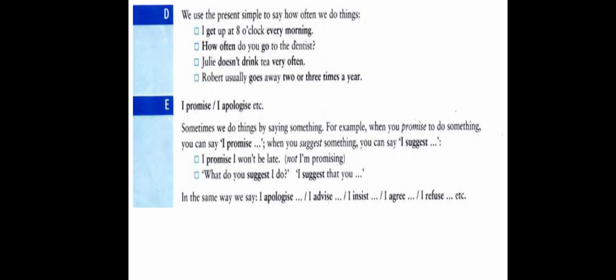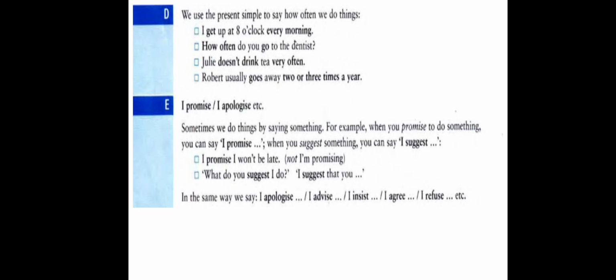To ask about twice a month, we use do because the verb is in the base form, the subject is plural you. So we say, do you often go to the dentist? Twice a month. And we use how often and omit or erase twice a month, so it becomes how often do you go to the dentist?